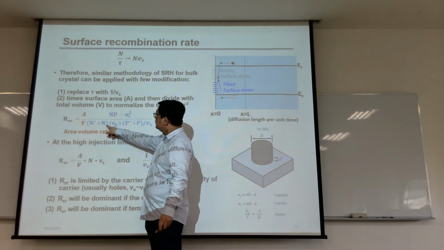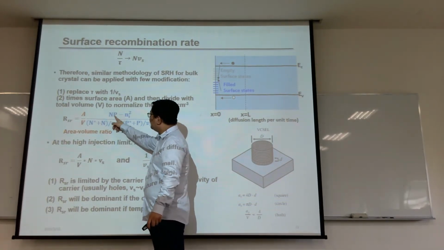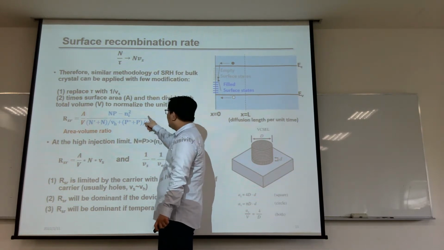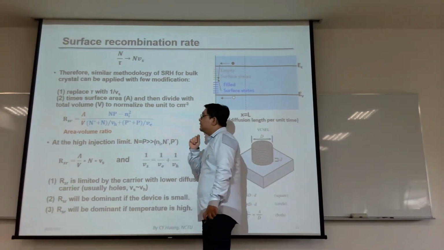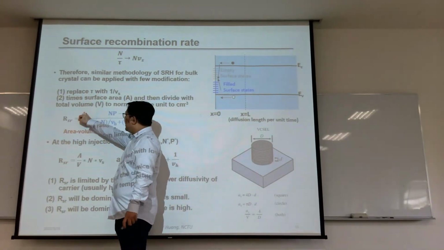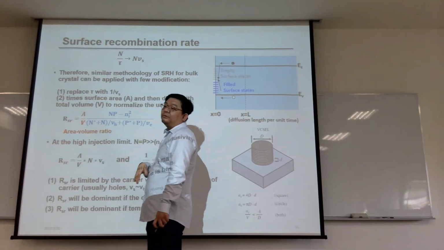So tau h becomes 1 over Vh, and tau e becomes 1 over Ve, and then there's the term of the area divided by the total volume.